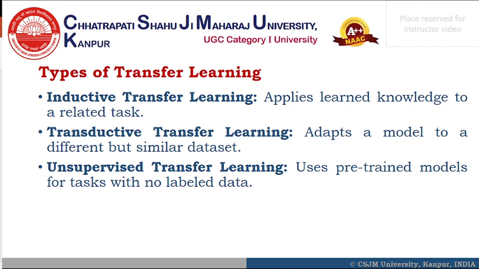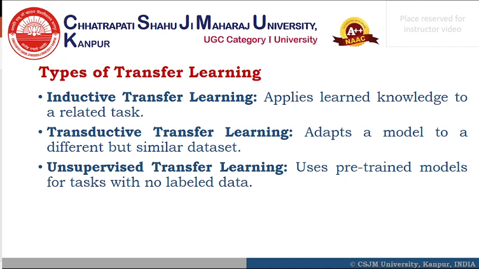We will be discussing them one by one. So the first one is inductive transfer learning. What does it mean? This approach applies learned knowledge from a pre-trained model to a related task. The source and the target domains are different, but they share a common feature space.